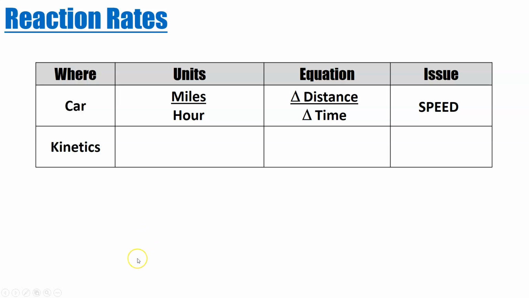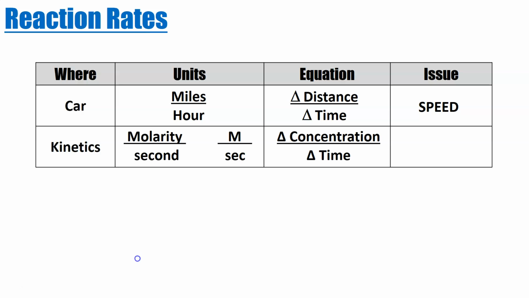For kinetics, instead of miles per hour, we're going to use molarity, the change in concentration over time. Most of the time it's seconds. In theory, it could be something else, but most reactions are pretty fast, so we tend to use seconds.